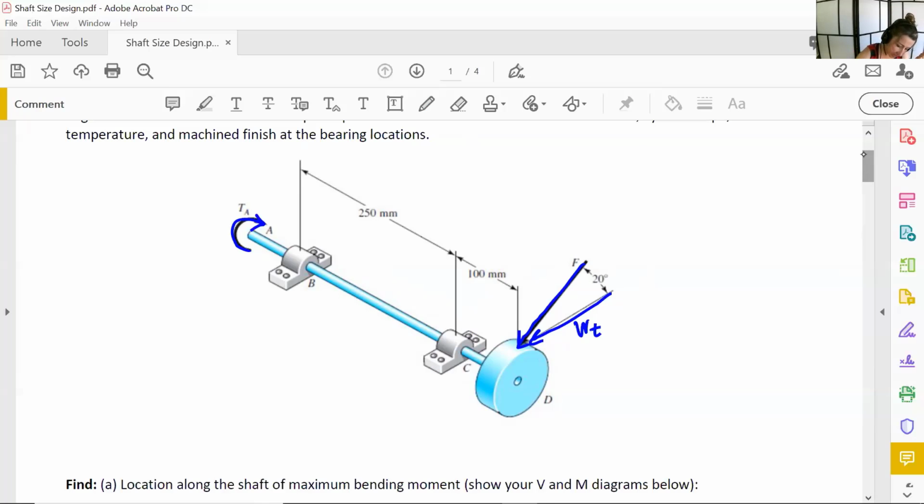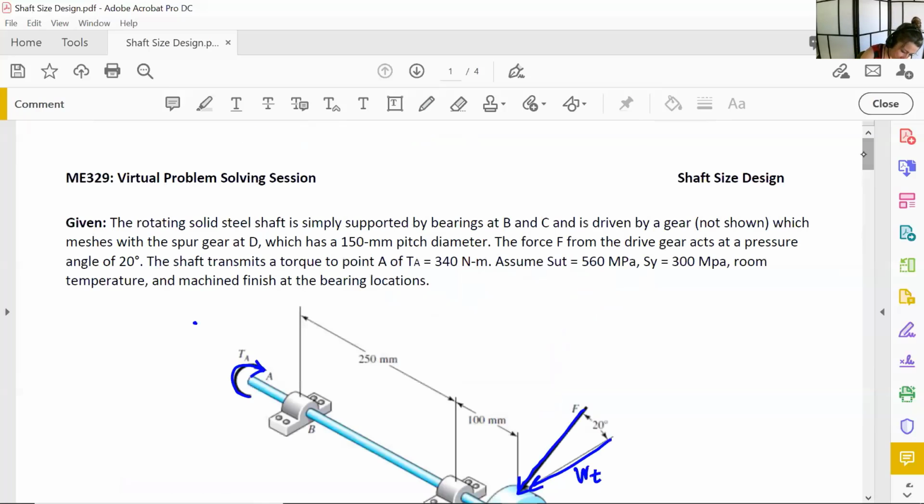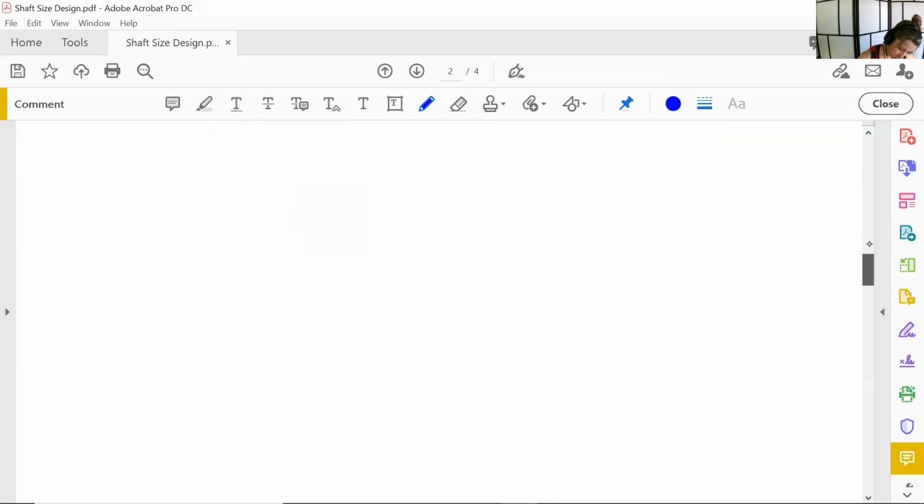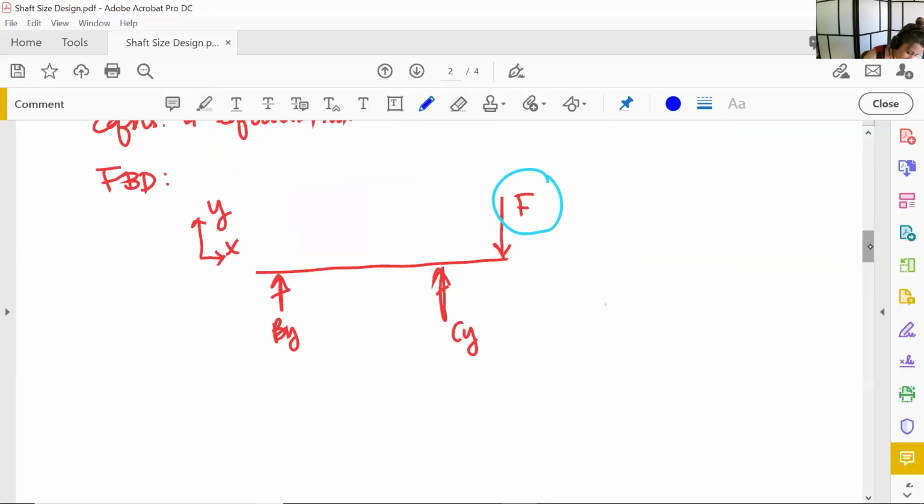So remember, TA is 340 Newton meters. So we have TA equals WT times R. So WT equals TA divided by R.